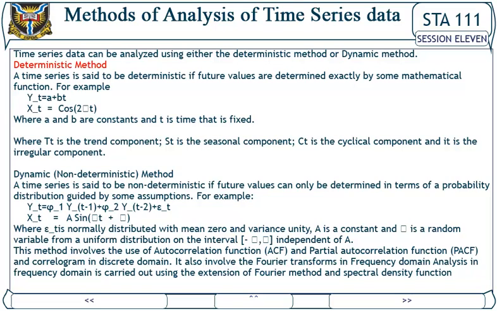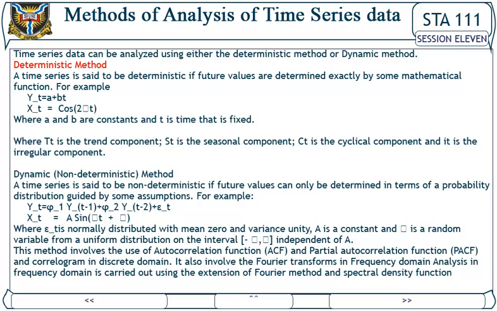Xt = A sin(wt + θ), where εt is normally distributed with mean 0 and variance unity, A is a constant, and θ is a random variable from a uniform distribution on the interval (-π, π) independent of A. This method involves the use of the autocorrelation function ACF, the partial autocorrelation function PACF, and the correlogram in the discrete domain. It also involves Fourier transforms in frequency domain analysis.